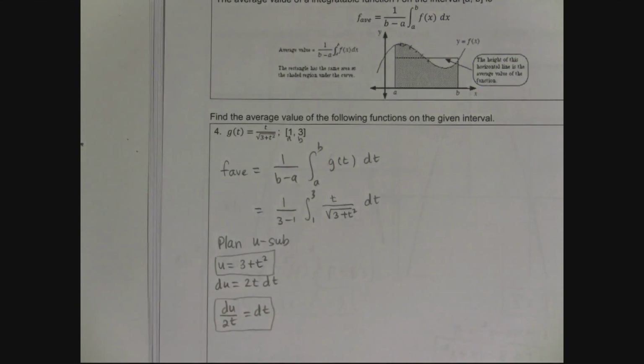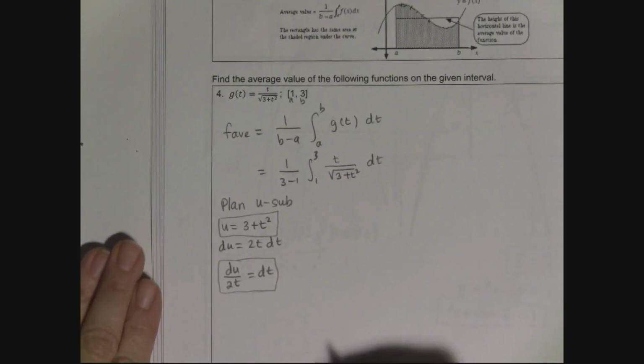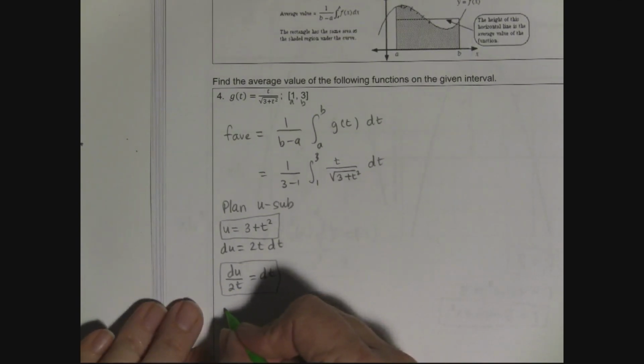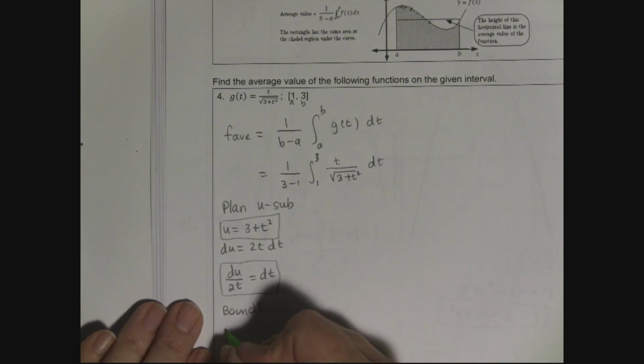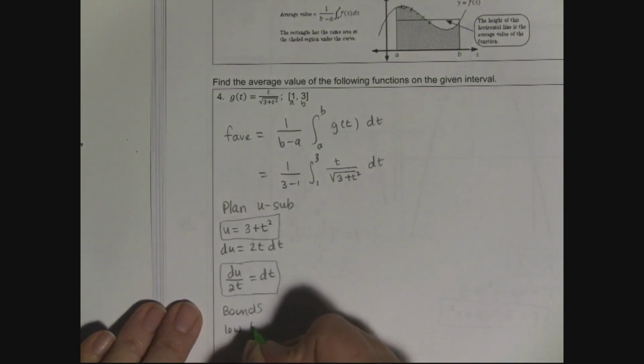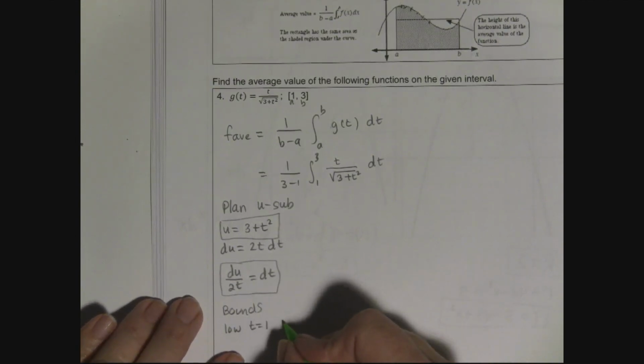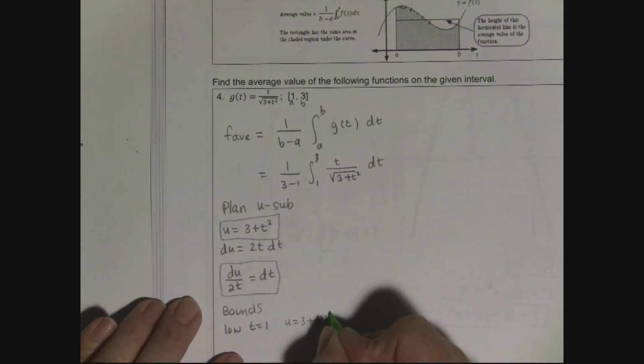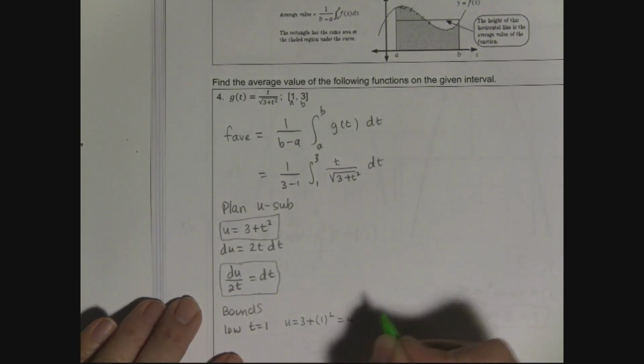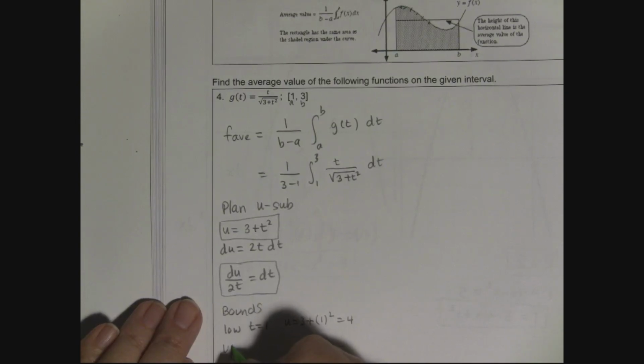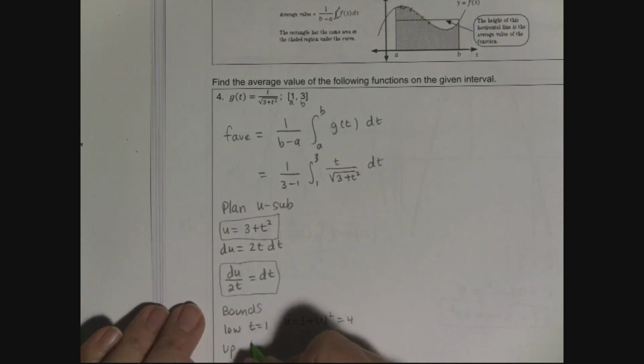Then my bounds, I always rewrite my bounds. And so this is the plan on the bounds. The lower bound was t equals 1. And now that's going to be u equals 3 plus 1 squared, which is 4. So that's the lower bound. And the upper bound was t equals 3.